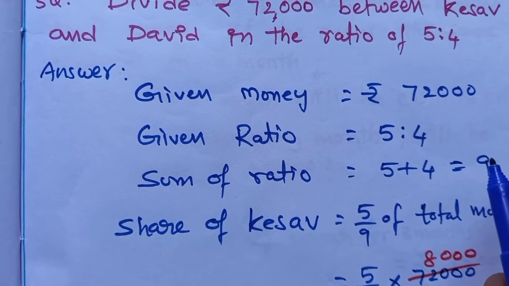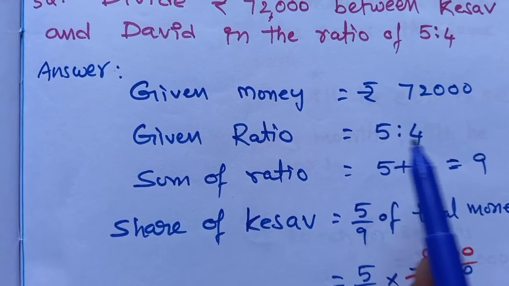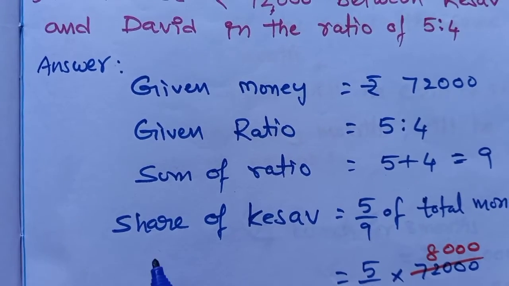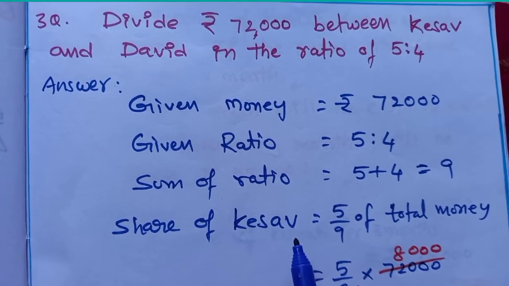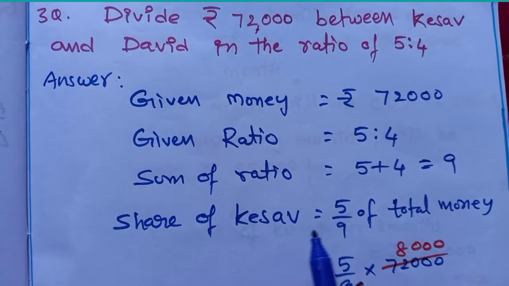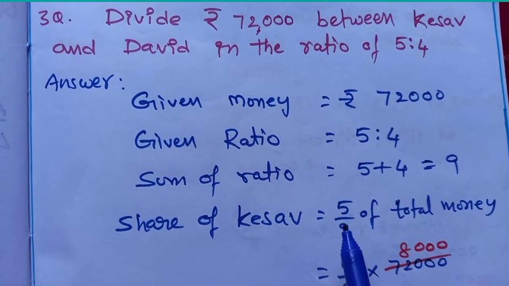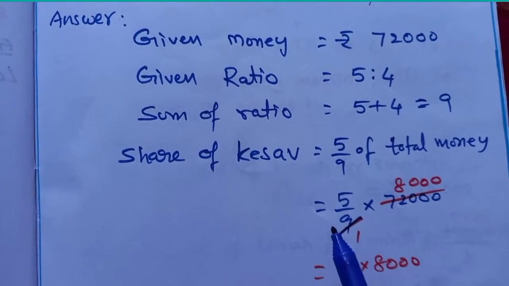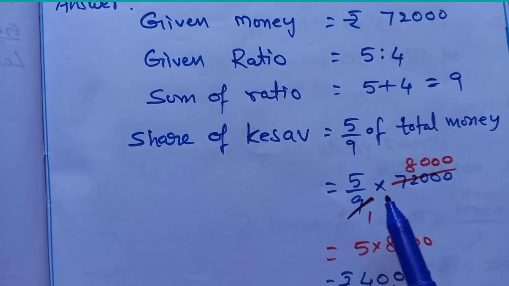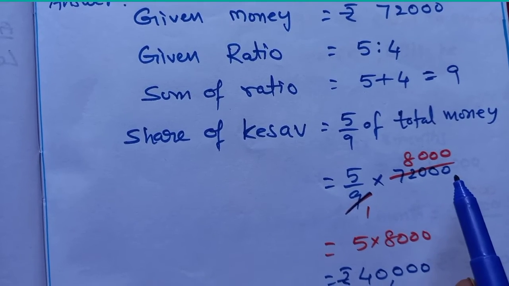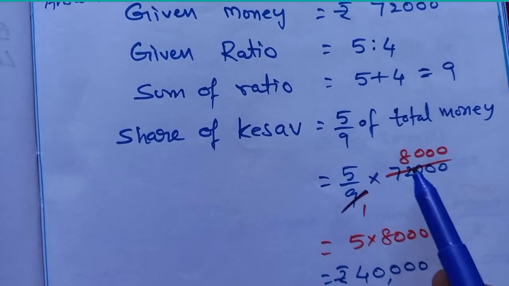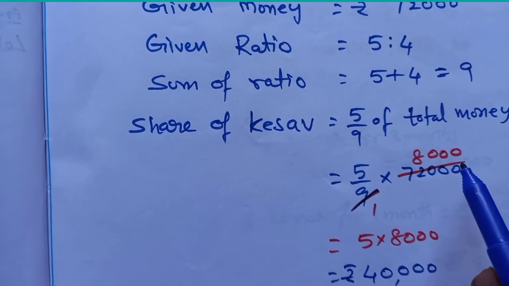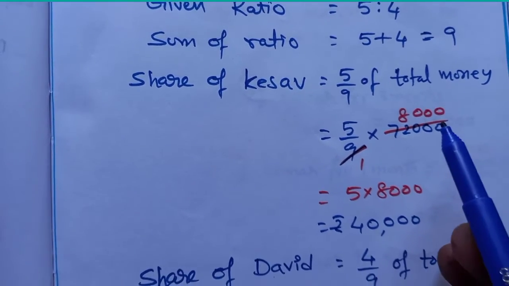In those 9 parts, 5 parts for Keshav and 4 parts for David. Now the share of Keshav is 5 parts out of 9 parts of total money.